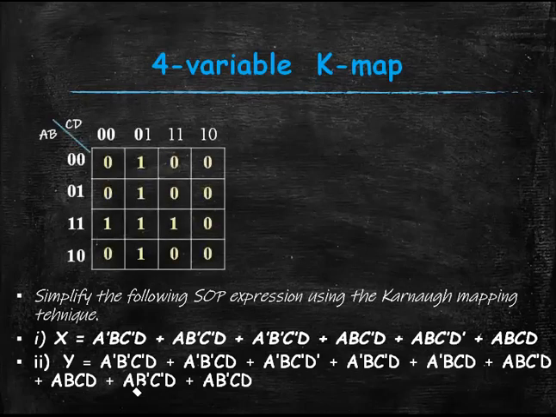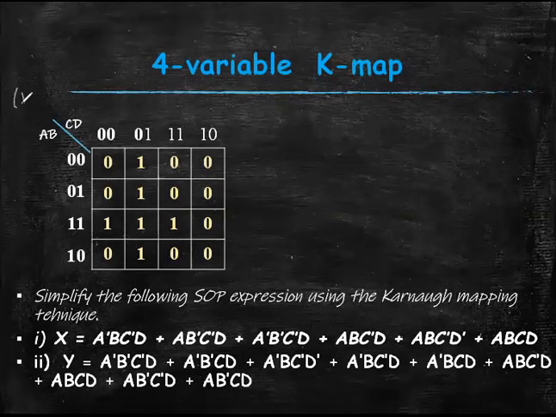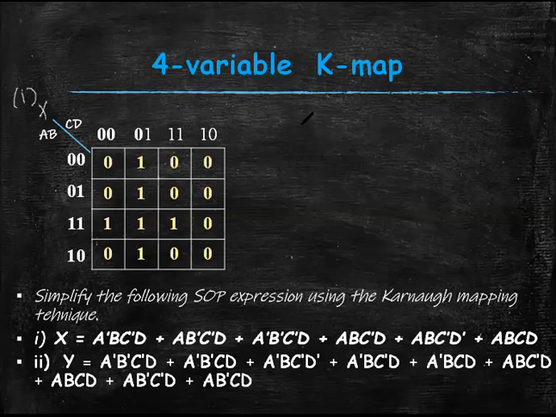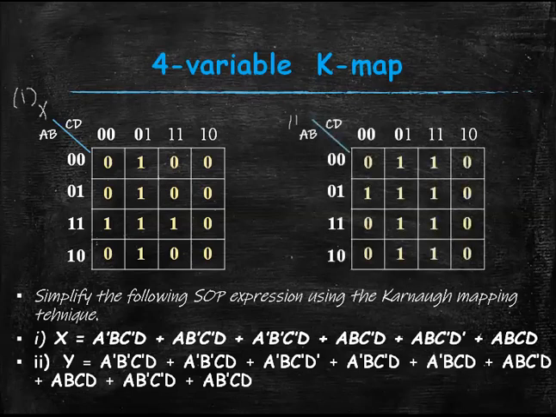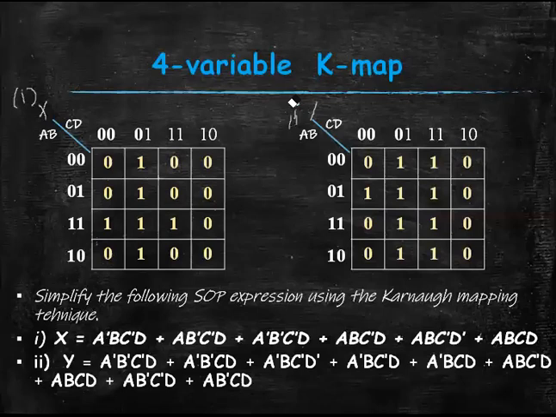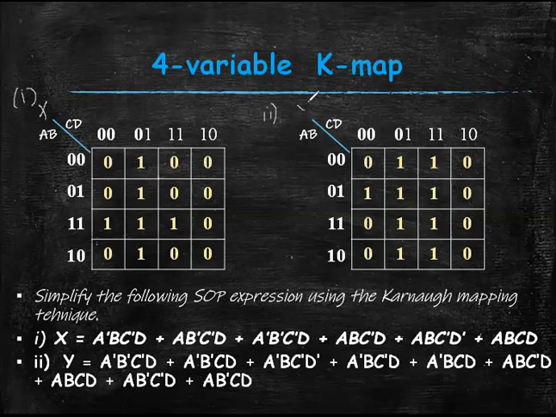Here it is for the first question, that is for X, and the K-map for the second question is for Y.